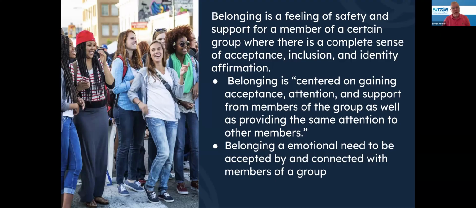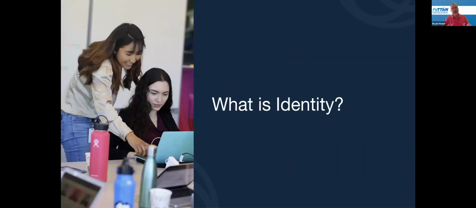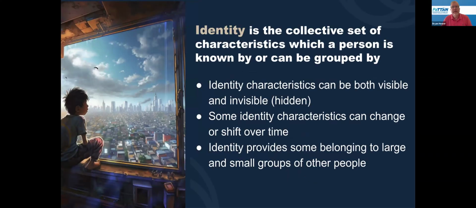So another question we ask when we're looking at inclusion in our classroom is, what is identity? Take a second or two to think about that. What is identity? Well, identity is the collective set of characteristics which a person is known by or can be grouped by.